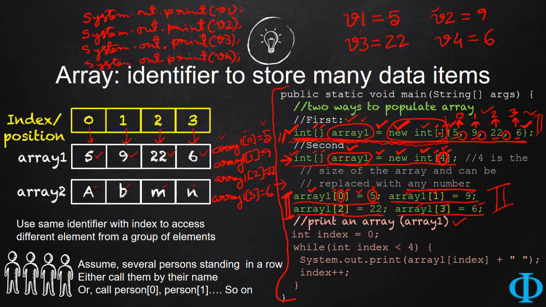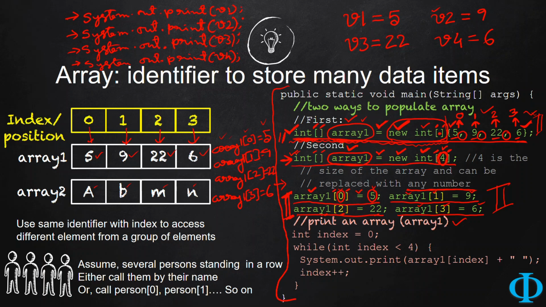So to print the values of 4 different variables, you basically need to use the system.out.print statement 4 different times. Now, when the number of data items is 4, it may not look like a very cumbersome job. But what if you have 100 different variables?